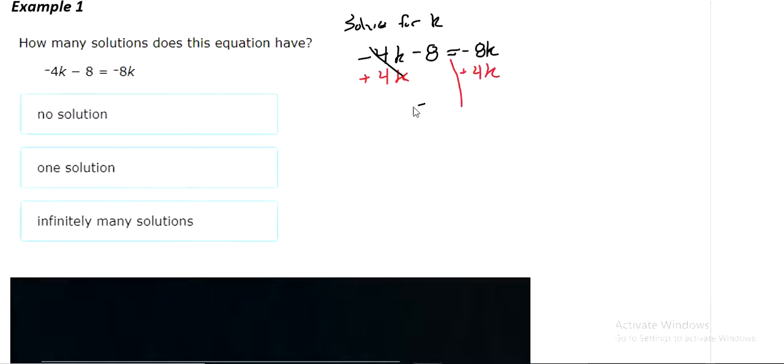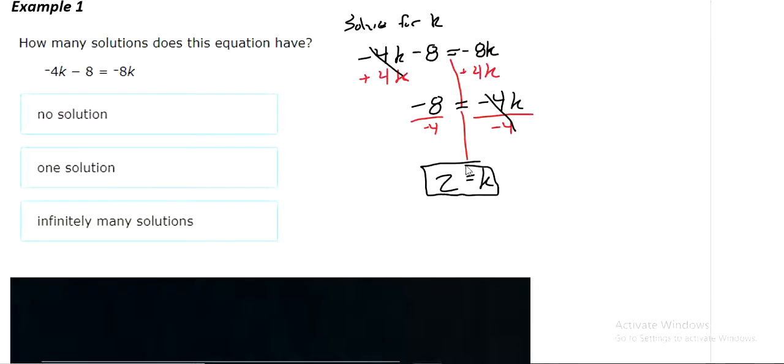Cancels out here. Left with negative 8 equals, and let's see, this will be negative 4k. And my last step, I would divide by negative 4. Cancels out here. Negative 8 divided by negative 4 is positive 2. So we end up with positive 2k.